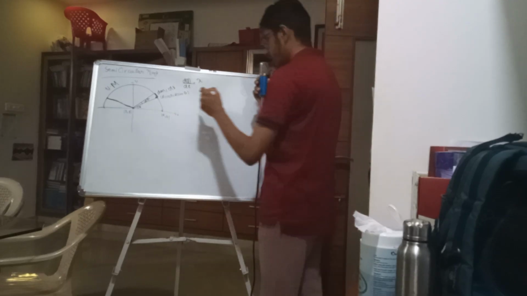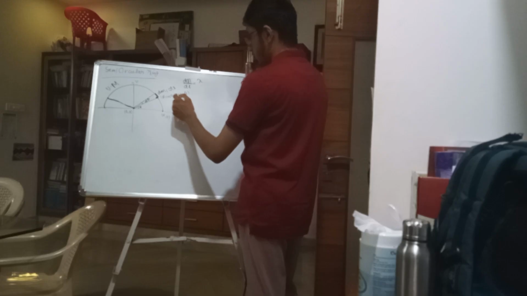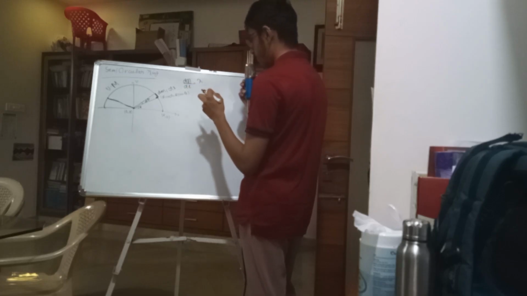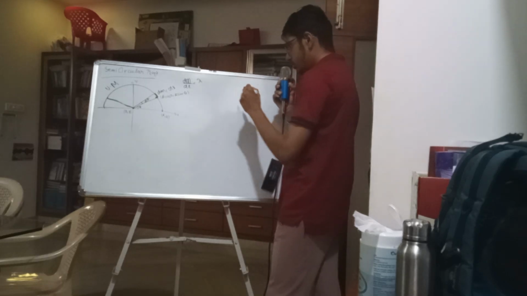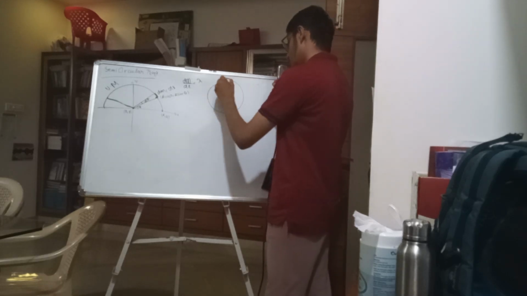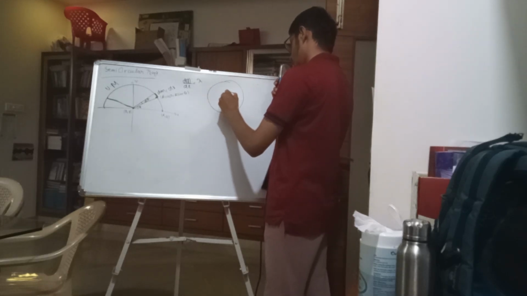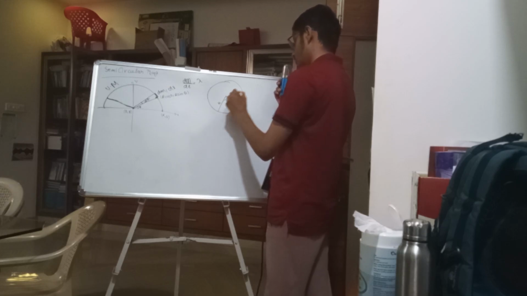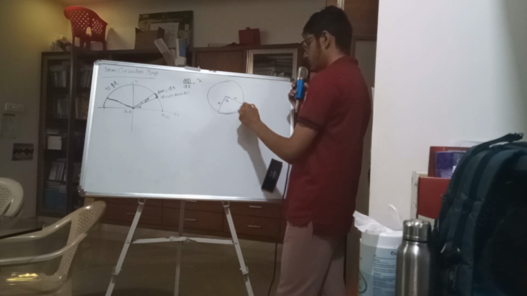Now let's get back. You would have studied this obviously. There is one circle, and this is the center. This is radius r, this is radius r, and this angle is theta. How do you find this arc length?